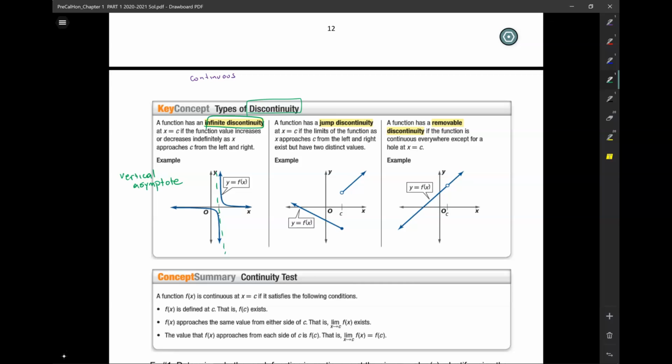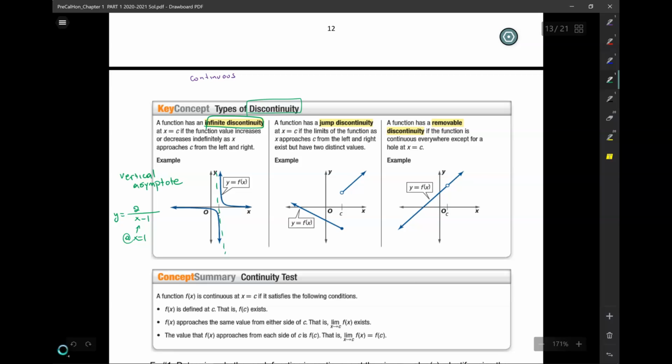All right? That's the first case. When does that happen? It happens when you have a function, let's say like this, 2 over x minus 1, right? At x equals 1, there is a discontinuity, there is a vertical asymptote, and it's called an infinite discontinuity.